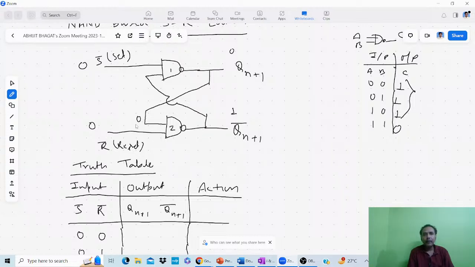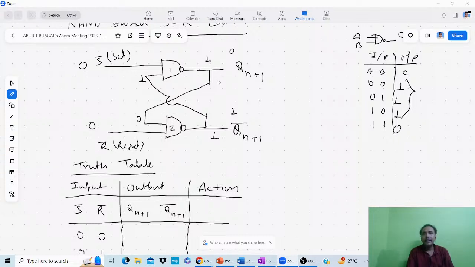You can see here, both are zero, your output is one. Okay. Now it is one, so this will be one. So zero zero zero one, here also there is one zero, so here the output is one.